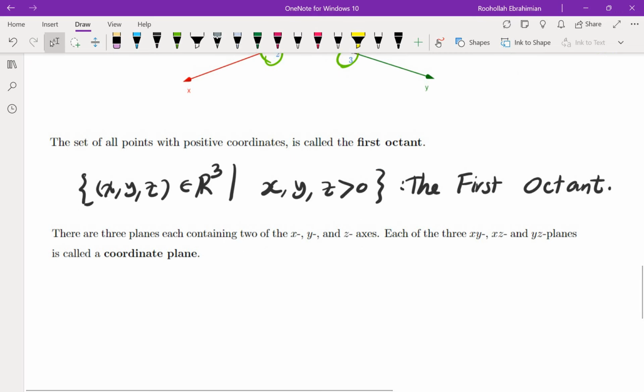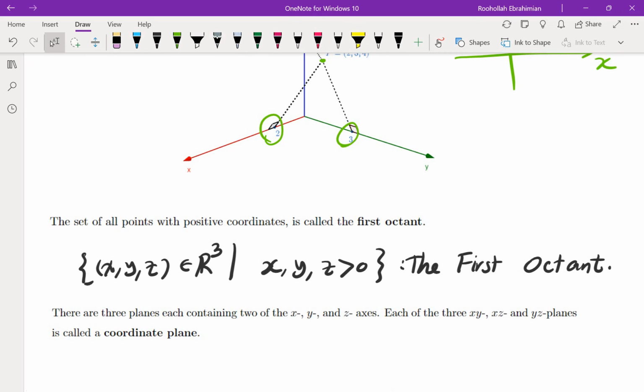There are 8 octants. The 3 axes divide the entire space, these 3 planes containing the xy axes, xz axes, and yz axes. They create 8 different regions, and these 8 are called octants. One of them is the one where everything is positive. x, y, and z are all positive, and that one is called the first octant.